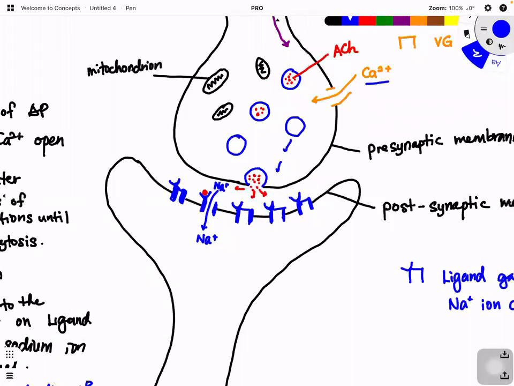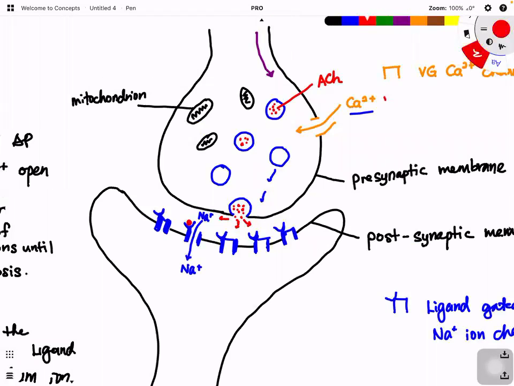Understand the whole concept? Again, first part: calcium ions. Why do calcium ions enter? Because of the arrival of the action potential. When the action potential arrives at the terminal, it causes the voltage-gated calcium ion channel to open, allowing calcium ions to enter the presynaptic knob.